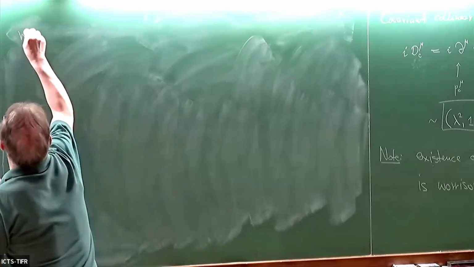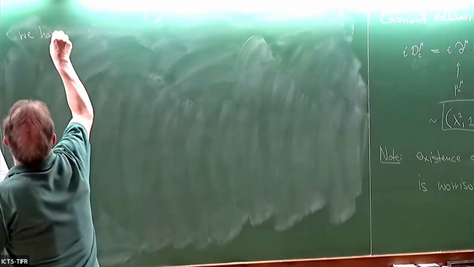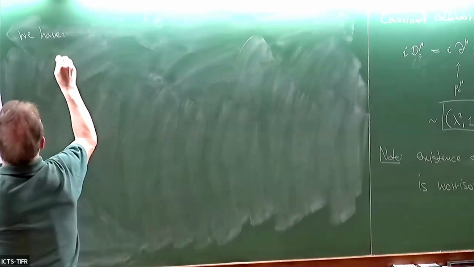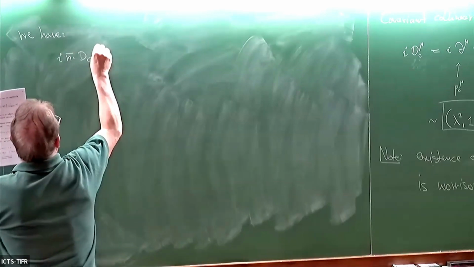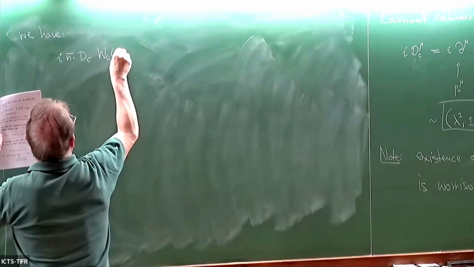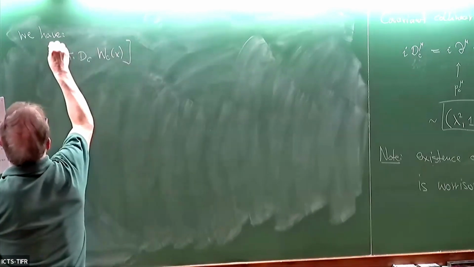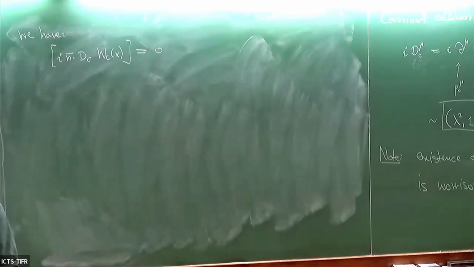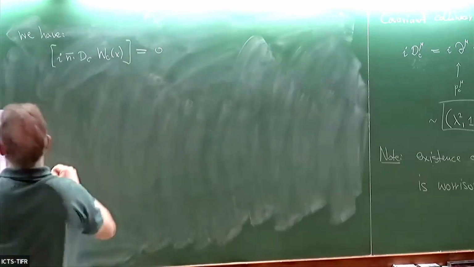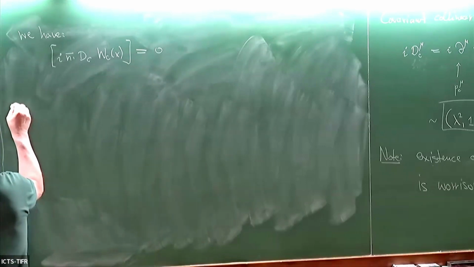So we have the following rules, namely that the covariant derivative acting on that Wilson line and only on that Wilson line, so I put a bracket around it, is 0. And it's straightforward to show, in the same way that I asked you to show it for the soft Wilson line. Identical steps of calculation.